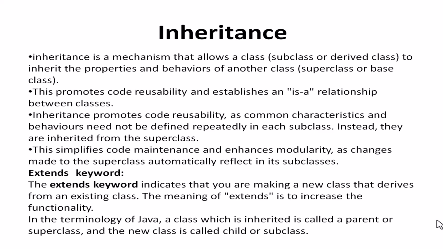Common characteristics and behaviors need not be defined repeatedly in each subclass. Instead, they are inherited from the superclass. This simplifies code maintenance and enhances modularity, as changes made to the superclass are automatically reflected in its subclasses.